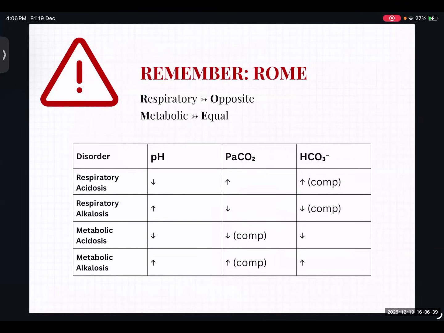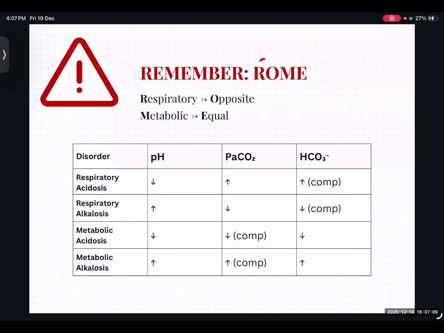Remember this word very much because it helped us so much last year in our exam because Dr. Angelica taught it to us. It's called ROME. It basically says that when you have a respiratory condition, you have an opposite trend. What does that mean? If we have respiratory acidosis, what does acidosis mean?